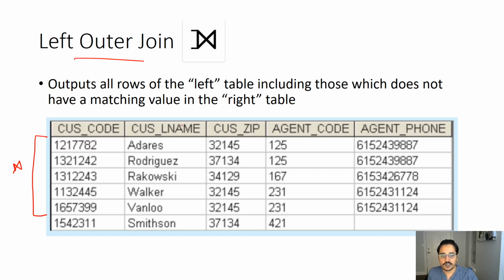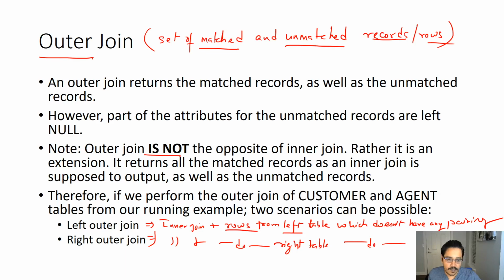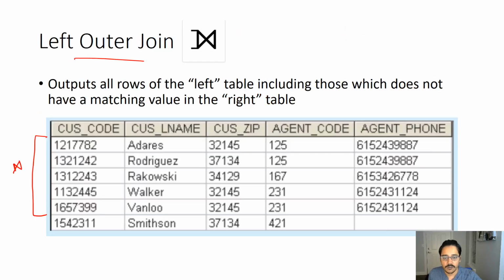But here, as you can see, since this is a left outer join, we said that in the left outer join we will get inner join plus the rows from the left table which don't have any pairing. Here the left table was the customer table. So this last row is returning the customer who does not have any agent assigned to them yet, and as a result, this is basically null.